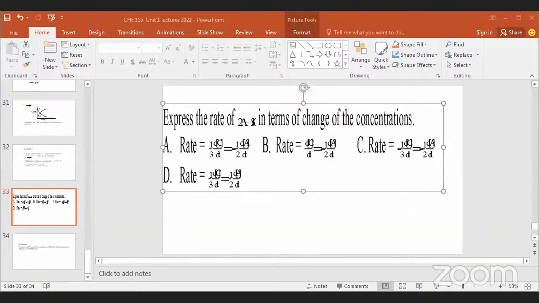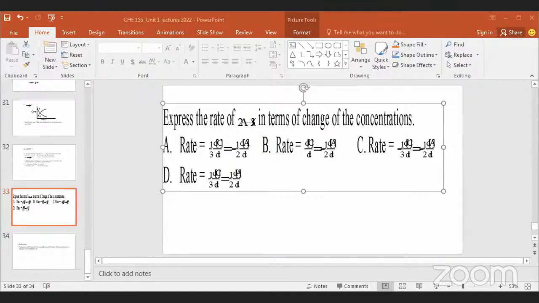But some will be asking for registration. Don't you have matric number? We have matric number, sir. Put your matric number and your email, and it will allow you to come in so that we can take attendance. Okay, sir. Any other?